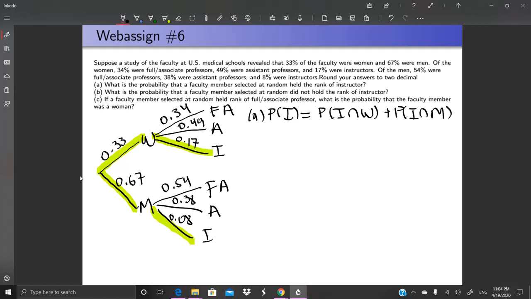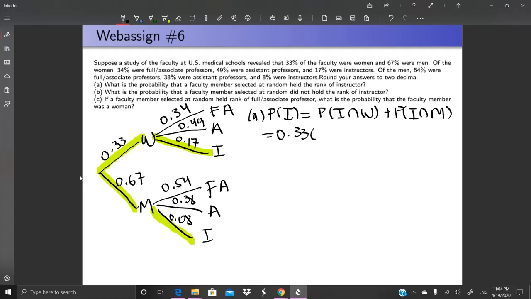And these will be mutually exclusive events, so we can add the probabilities this way. Remember, along the branches you multiply, and when you jump from one branch to another you add, right?